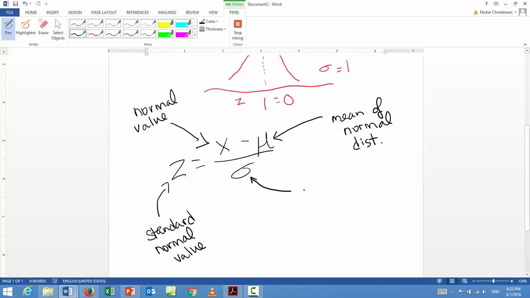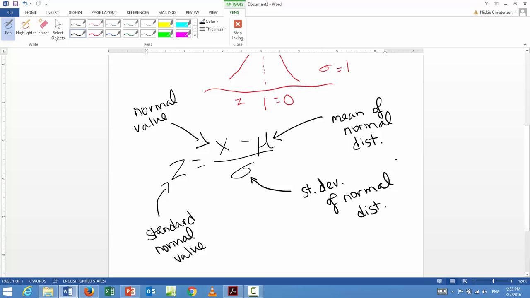And this sigma is the standard deviation of whatever normal distribution we're working with. I say that because in some classes students said, oh, so it's always x minus 0 over 1. Well, no, that's not true, because this is the mu from the normal, and this is the sigma from the normal.